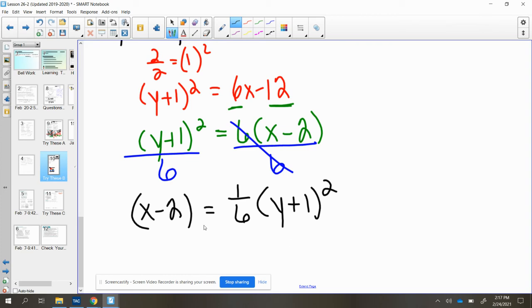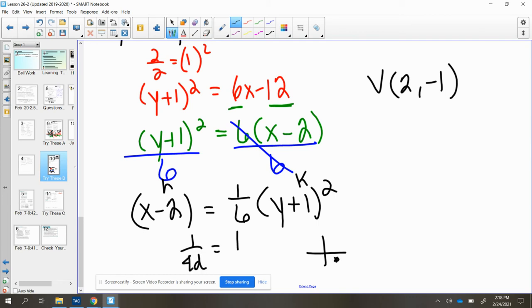Now from here, we can find the vertex as we did before. We have h and we have k, so +2, -1. We can also then find our focus, our vertex, and our axis of symmetry, because we would be at 2, -1 for our vertex, and 1 over 4d has to equal 1/6 this time.